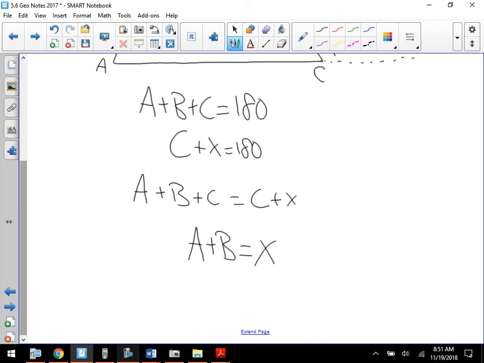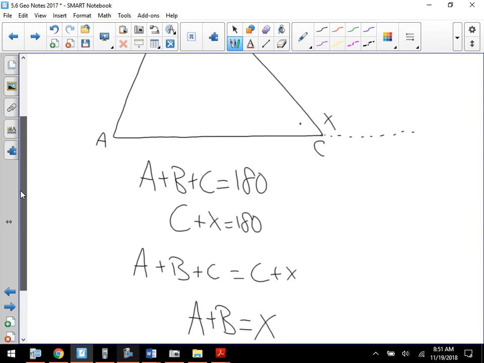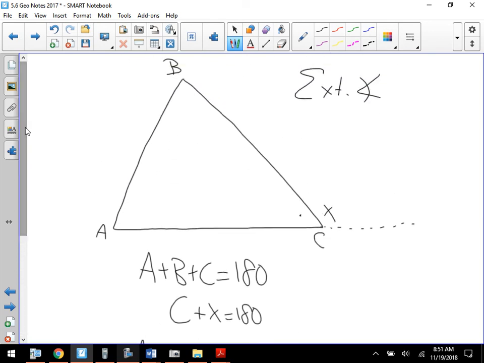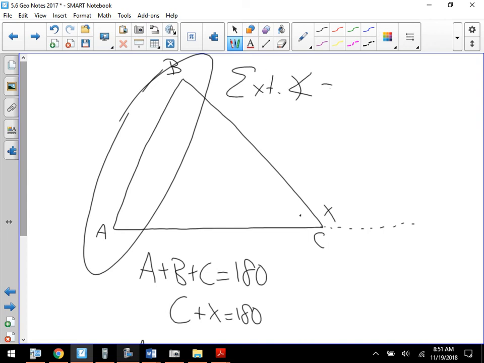Basically what this gets at is that the angle on the outside always equals the sum of the two it doesn't touch. The easiest way to say it is the sum of the two it doesn't touch, because it touches angle C, but it doesn't touch A or B. So the exterior angle always equals the sum.